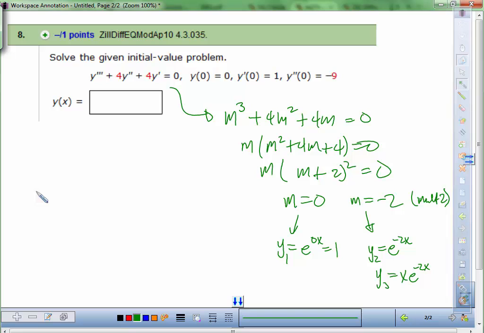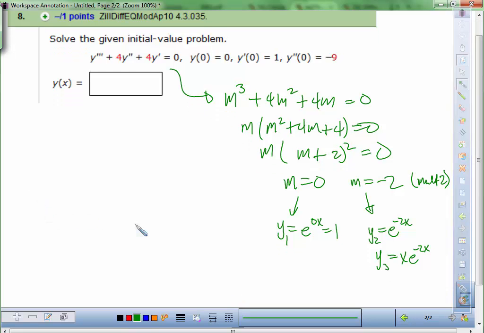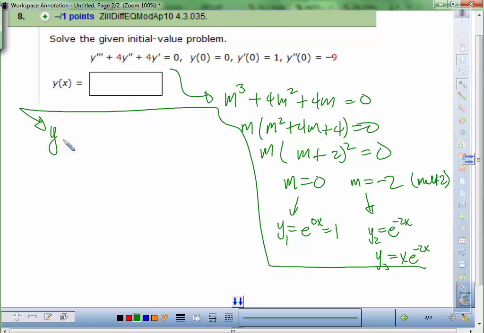So it looks like our y is going to equal c1 times 1 plus c2 times e to the negative 2x plus c3 times x e to the negative 2x.